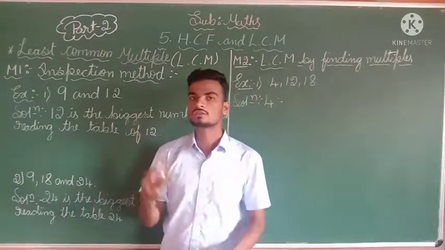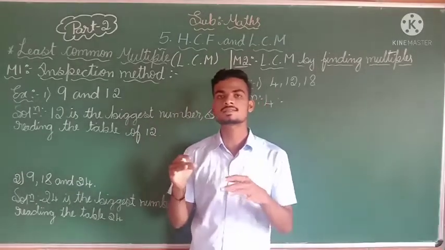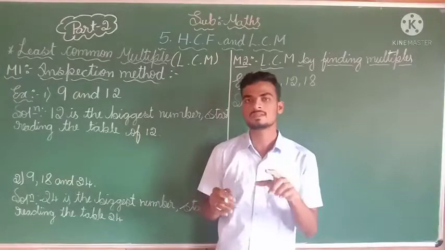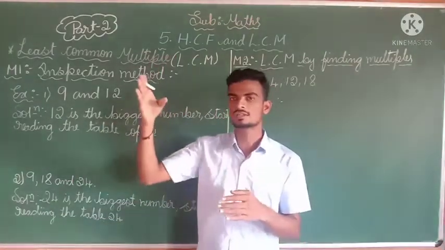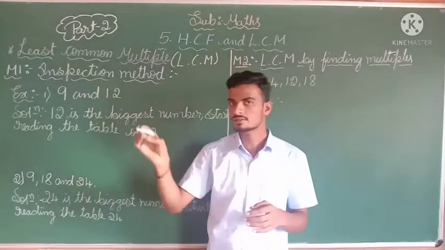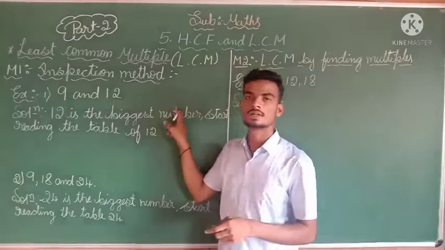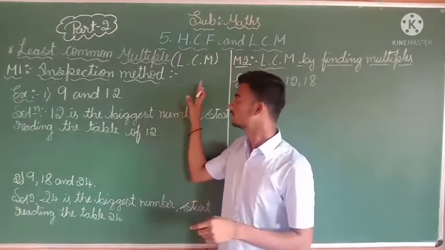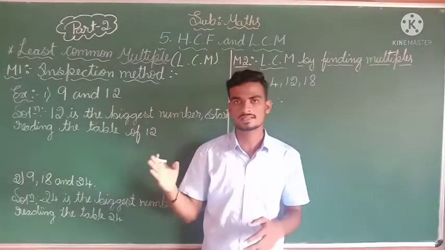Now in the 12 table we want to see which is the least common multiple. You write down the 12 table in your rough notebook on the right side. Keep one line, then do your rough work in your notebook itself on the right side.